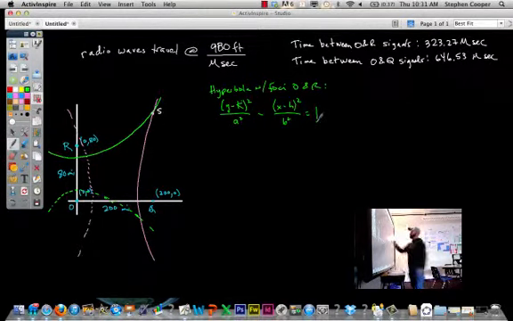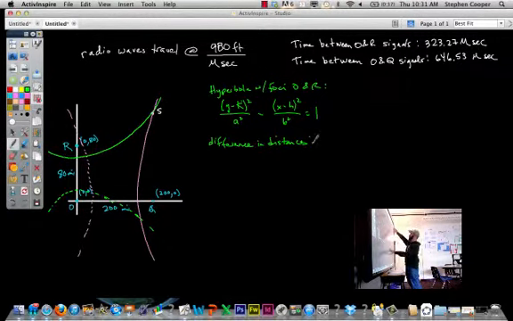So in order to find the difference in the distances, I'm going to take the time between the signals, which is this 323.27 microseconds, and I'm going to convert it into a distance, which I'm going to use miles, because when you're doing distances like this, you in general want miles.